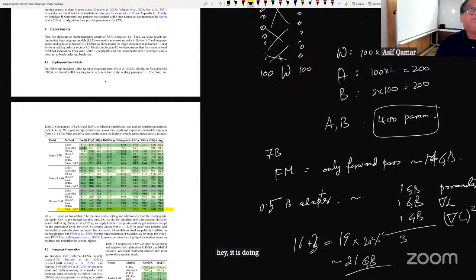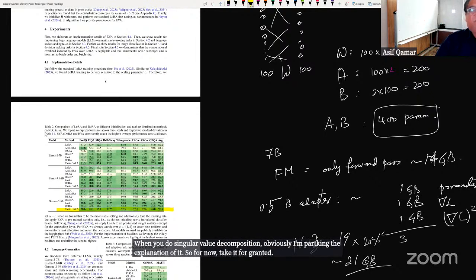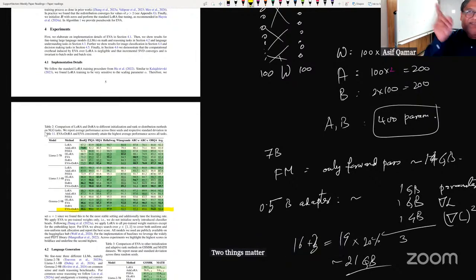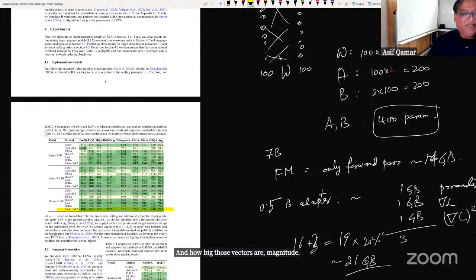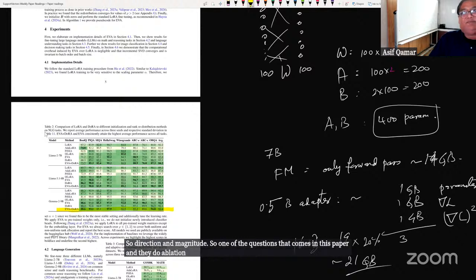Now, I'll just mention 2 things. When you do singular value decomposition, obviously I'm parking the explanation of it, so for now take it for granted. 2 things matter: the direction of the vectors, those singular vectors that we found, and how big those vectors are, the magnitude. So direction and magnitude. One of the questions in this paper, and they do ablation studies, which means how important is each factor.